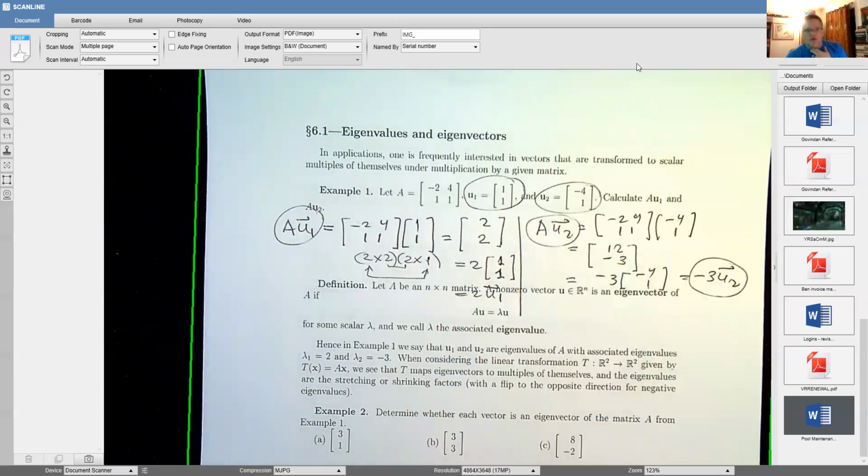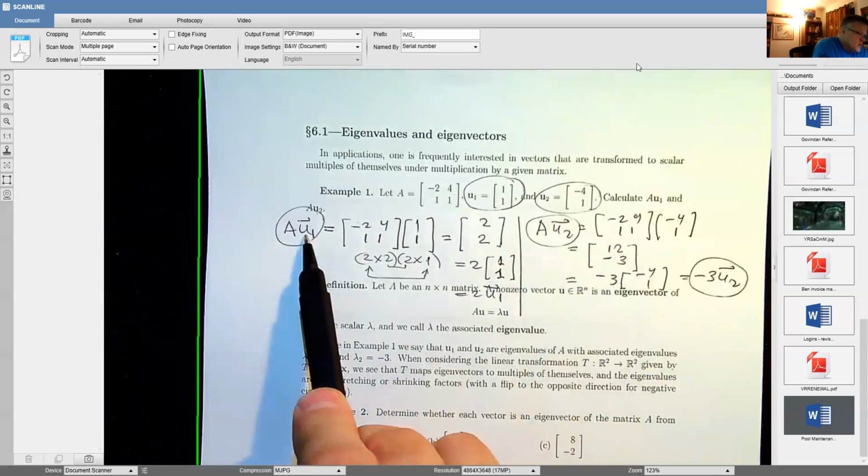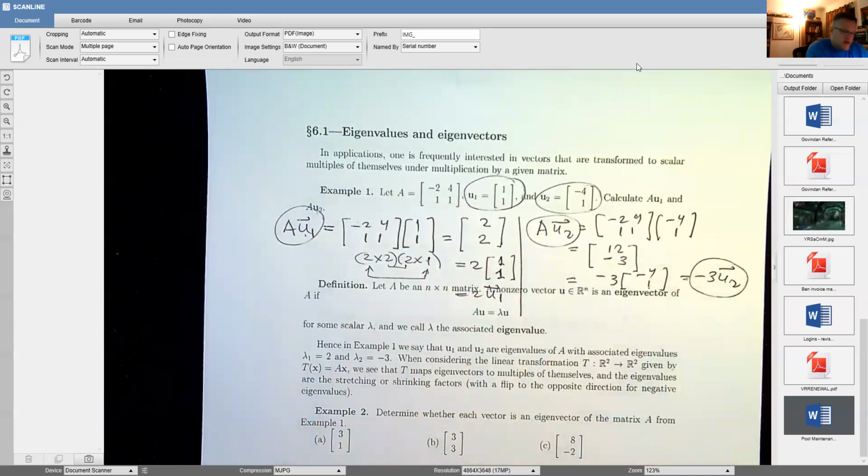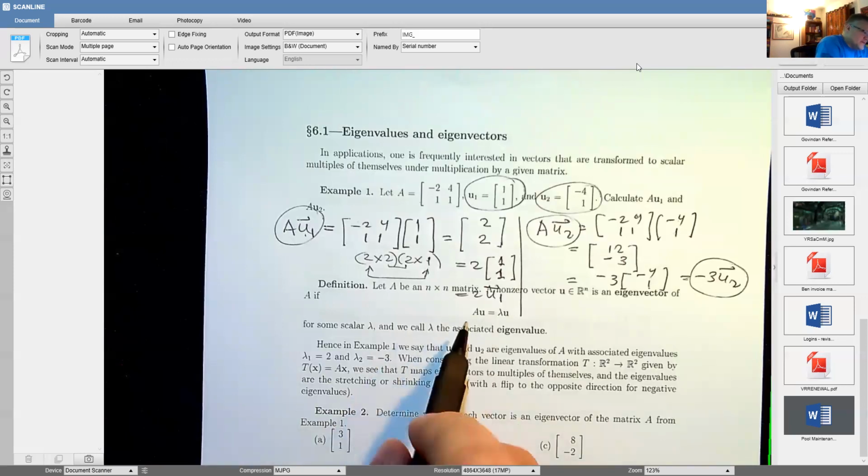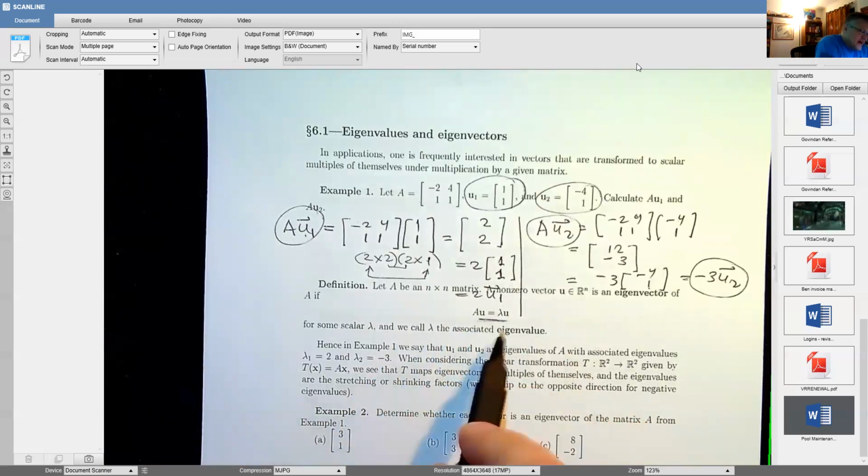So whenever you can transform a vector u1 by multiplying it on the left by a matrix, and the result gives you a scalar multiple of the original vector, that's of importance in applications. What we're going to do then is call u1 and u2 eigenvectors of A. A vector u is an eigenvector of A if you can find some scalar lambda so that A times u gives you the same thing as lambda times u.